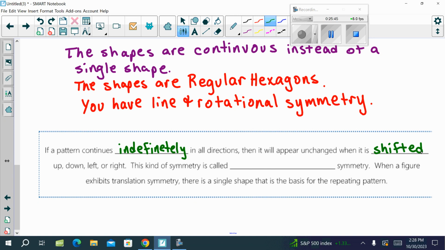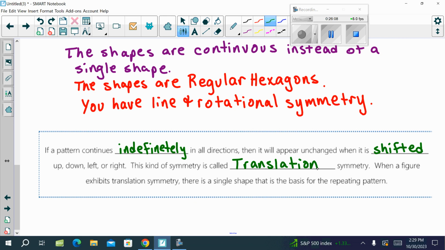So this kind of symmetry is called what? What did we call that whenever we shifted up, down, left, or right and it looked the same? Translation. A translation shifted you any which direction and it created the same pattern.